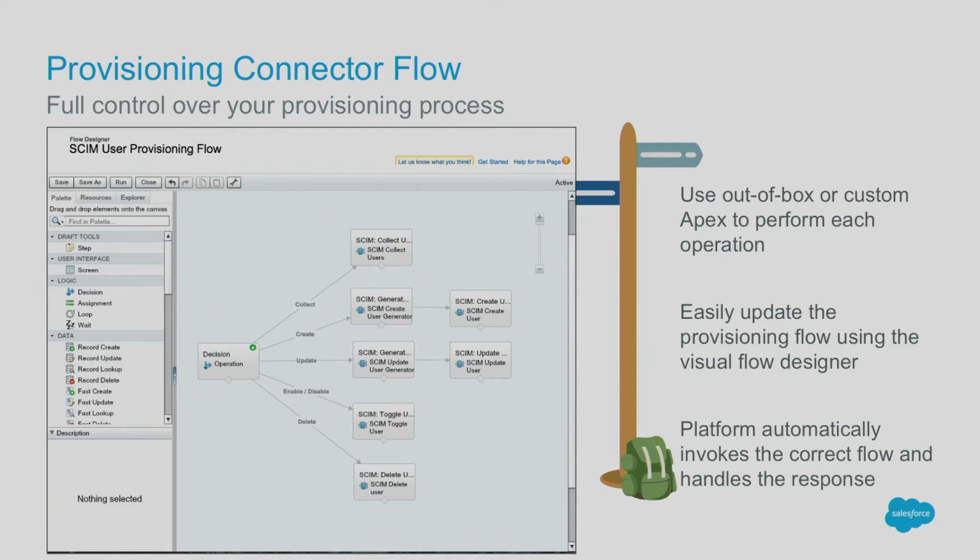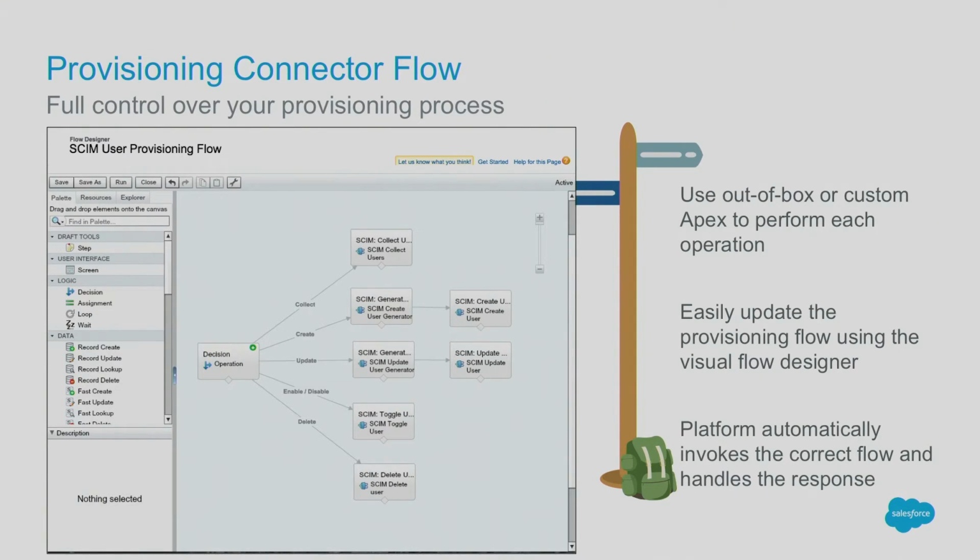Taking a closer look at the provisioning flow, this is an actual connector that we have today. We have the operation. So as messages are created in the queue, they could be a collect message, which is essentially go out to this third party, tell me what accounts already exist there, and link them back to existing Salesforce users.